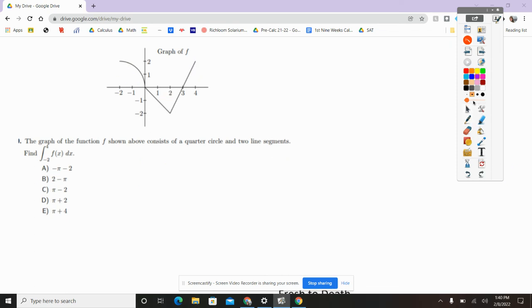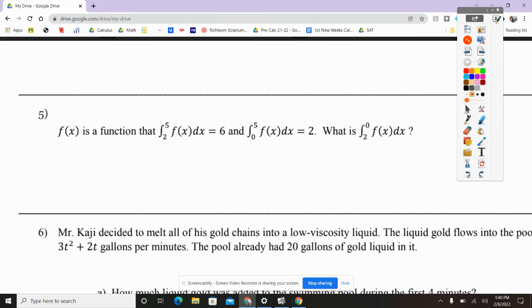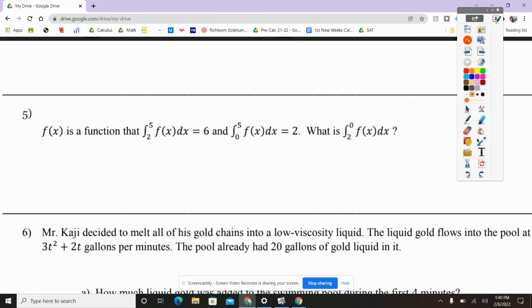Okay, D, they give us a bunch of integrals, and we need to figure out what 0 to 2 is. So if you look at these, we know we have the entire thing from 0 to 5. And that has to equal the area from 2 to 5 plus the area from 0 to 2.